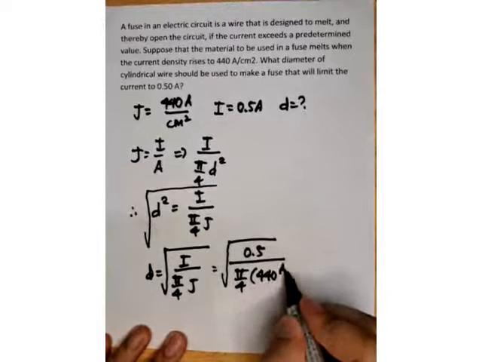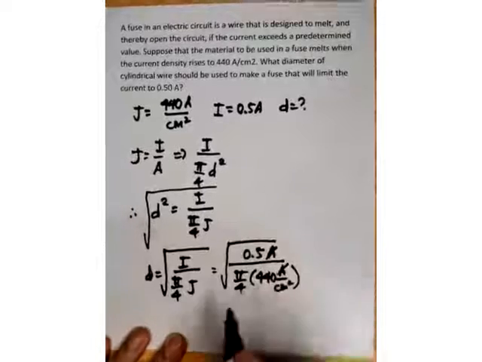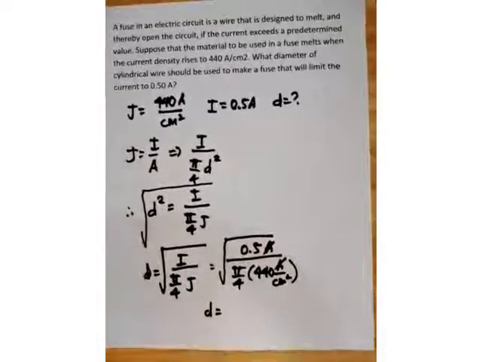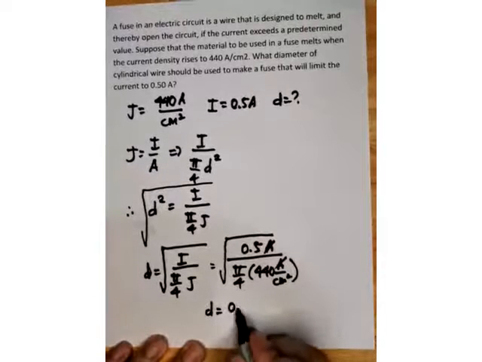Cancel yung ampere. So, ang D ay equal siya sa 0.04 cm.